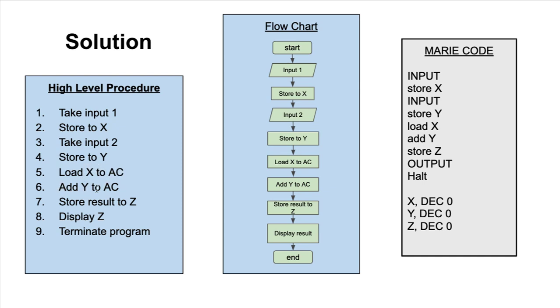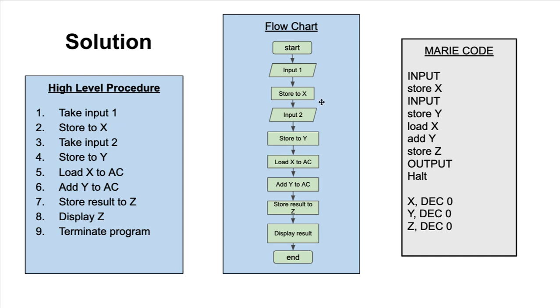Basically, this is two steps: adding the value of x and y together and storing it in the AC. Then we store the result to z. After that, we display the result of z to the console. Then we terminate the program. So that's nine steps to complete the program. That's pretty straightforward.